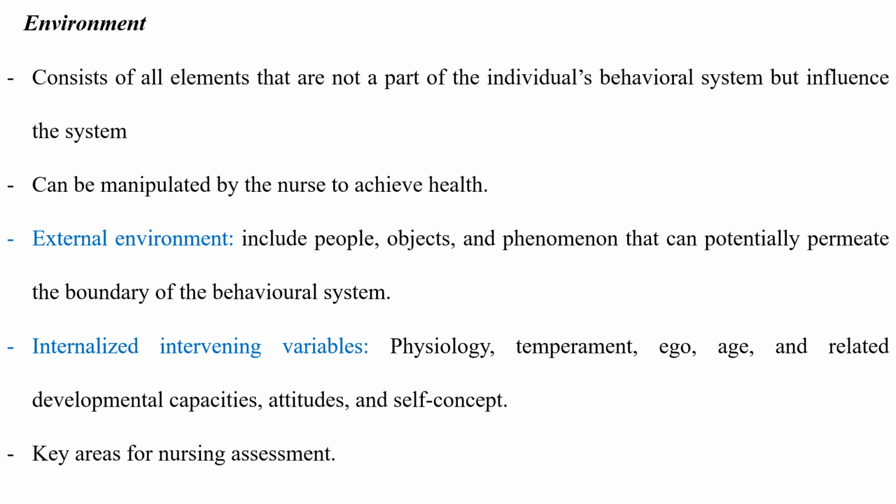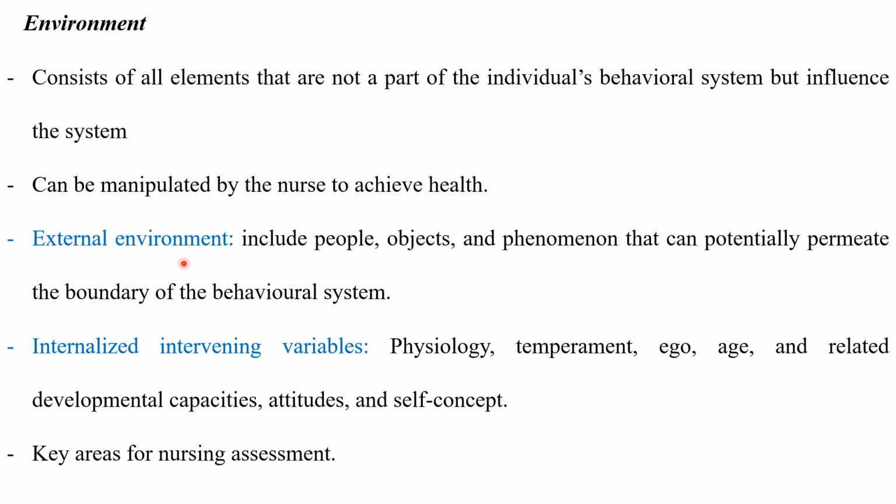Next is environment. It consists of all the elements that are not a part of the individual's behavioral system, but these elements influence the behavioral system. This environment can be manipulated by the nurse to achieve health. There are two types of environment, internal and external.